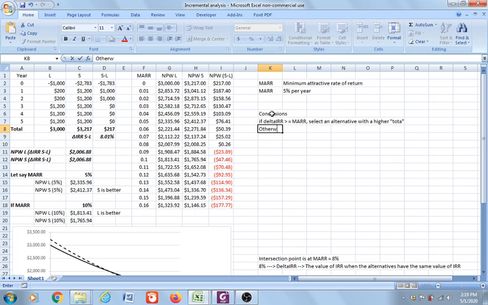Otherwise, that means delta IRR is less than MARR, select the alternative with a lower total.